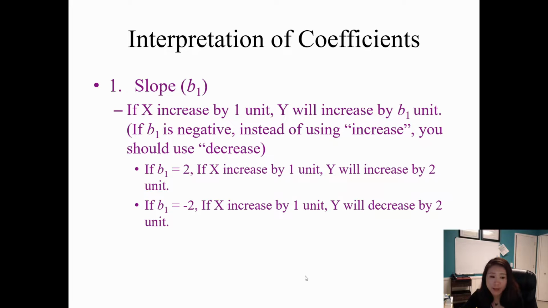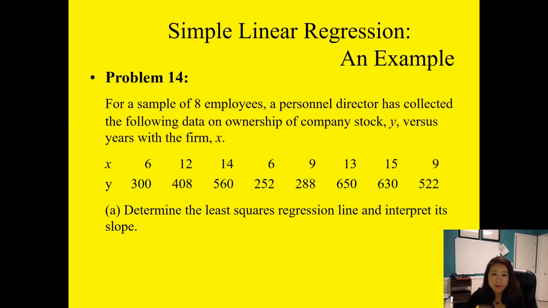Obviously, we talked about theory. Now we're going to look at how to use the theory we learned on real world problems. For a sample of 8 employees, a personnel director has collected the following data on the ownership of company stock, Y, versus years with the firm. You can see there are 2 variables in this case.